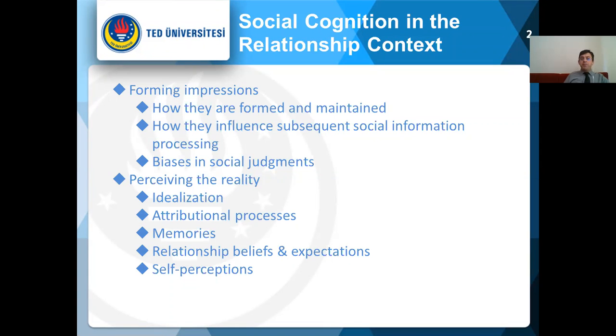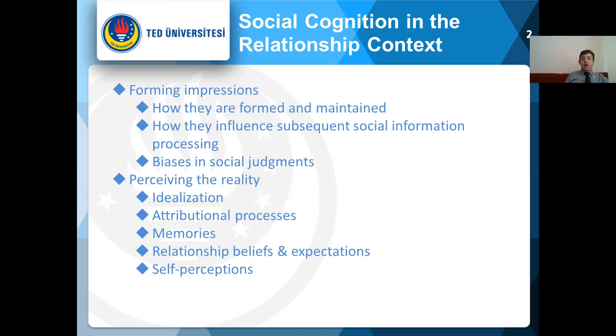Perceiving the reality about relationships includes some processes that we call idealization of the partner, attributional processes, how we explain our behaviors and our partner's behaviors in the relationship context, memories about our partners, and relationship-related beliefs and expectations that can guide our inferences about our relationships.